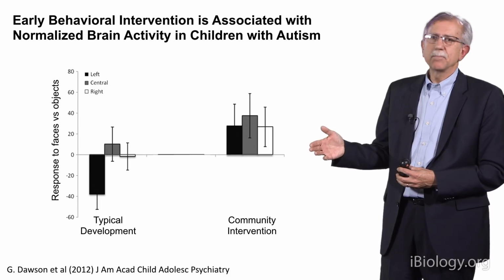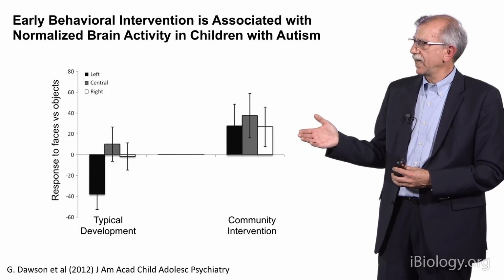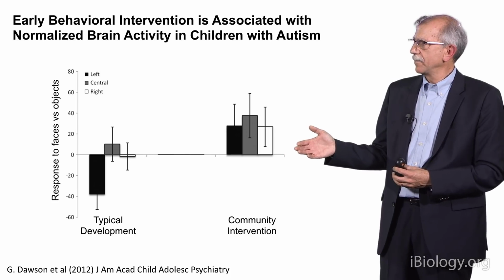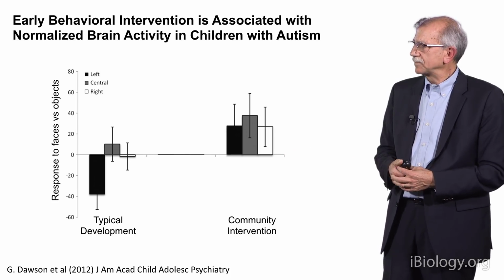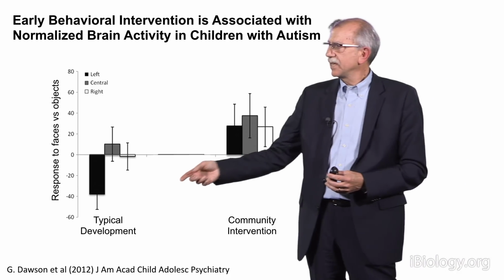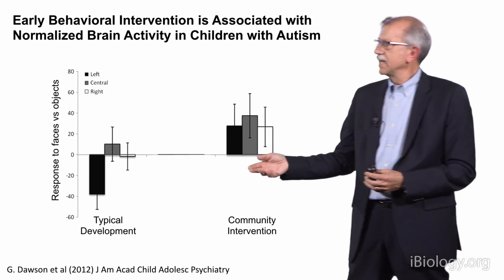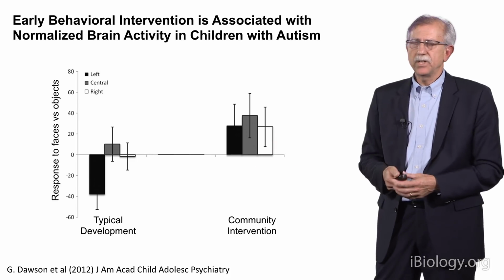And just as one example, where EEG was obtained pre and post intervention, this for a psychosocial intervention, the Early Start Denver Model, it shows kids' EEG profiles who are typically developing and kids with autism who received community intervention.